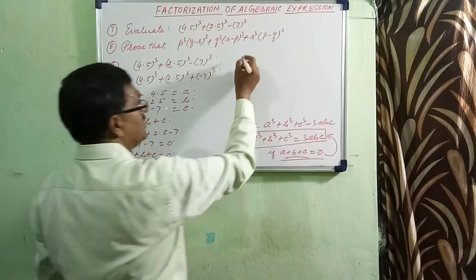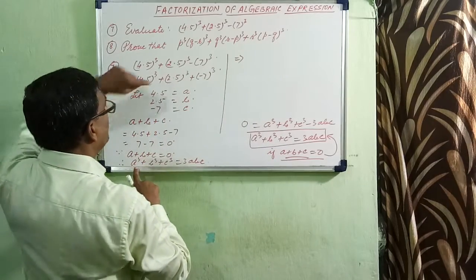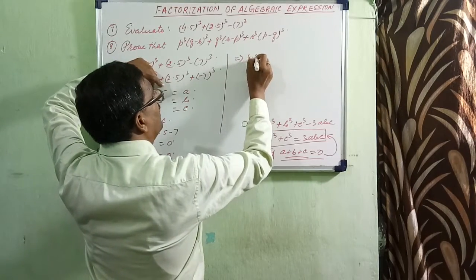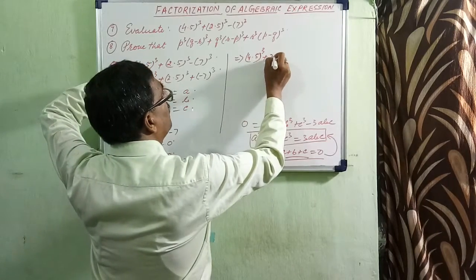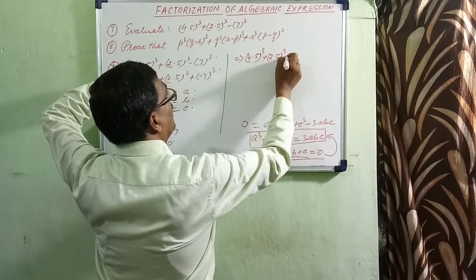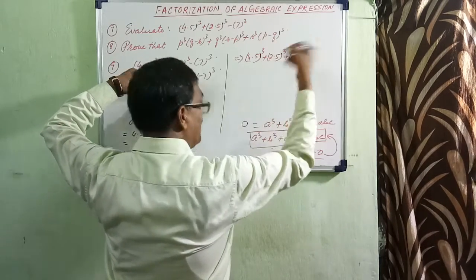And now you just substitute the values. What is your A? 4.5 whole cube. What is your B? 2.5 whole cube. What is your C? Minus 7 whole cube. What is the result?